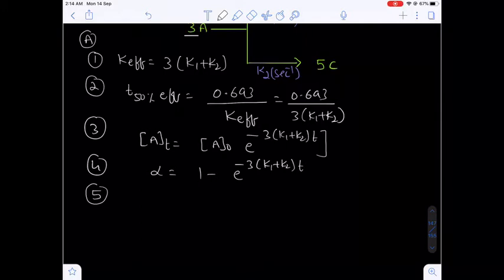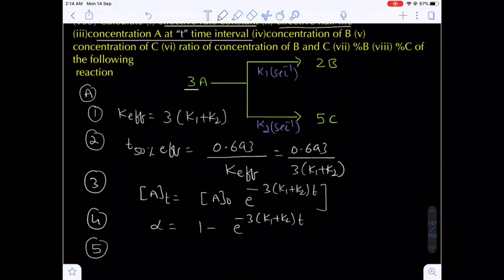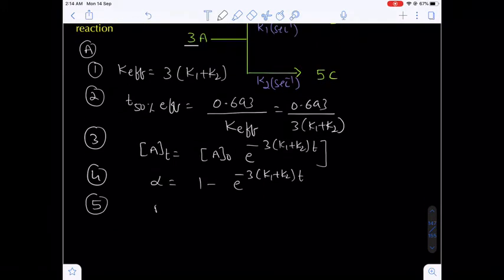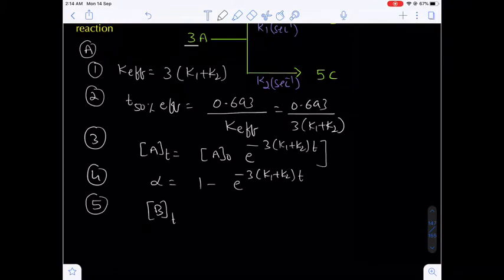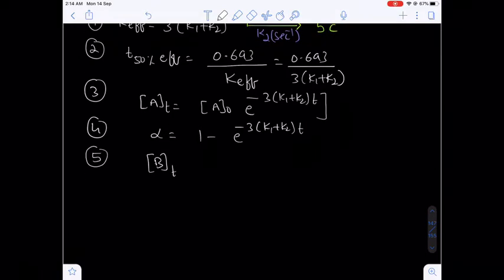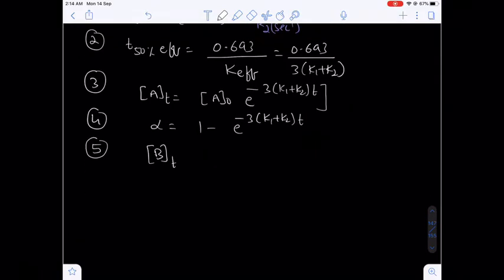Now here the concentration of a product, that is B, at a certain time interval T, will be equal to what?